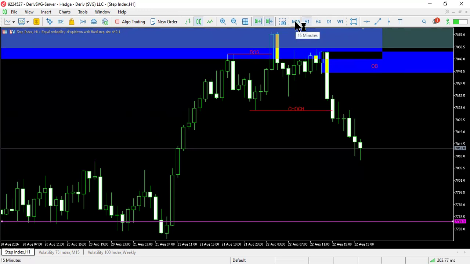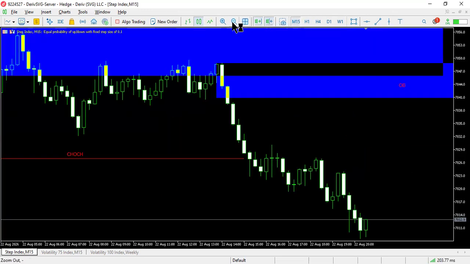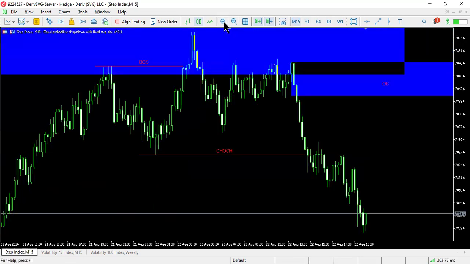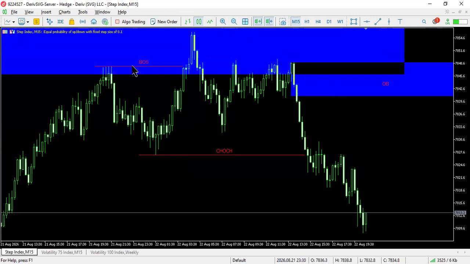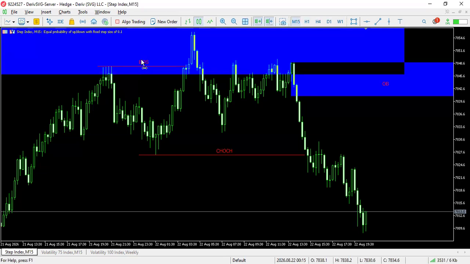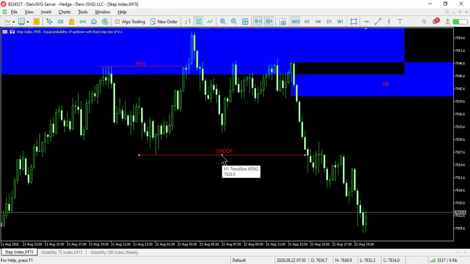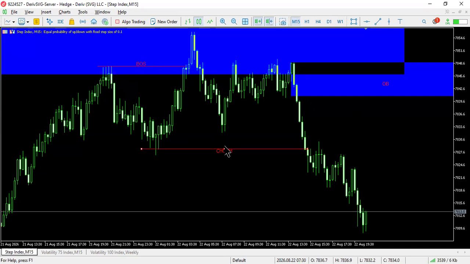Heading over to the entry time frame, which is the M15. So from the 15-minute time frame, we have that break of structure, and then the change of character will now be at this level.